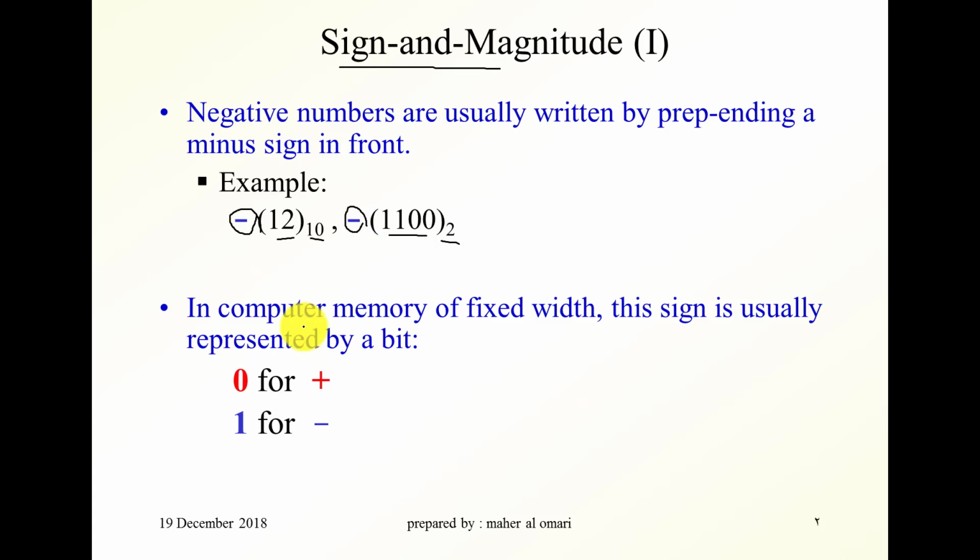In computers, we use the first bit to represent the sign. 0 is a positive number, and 1 is a negative number. The most significant bit of the number is used to represent the sign in this notation.